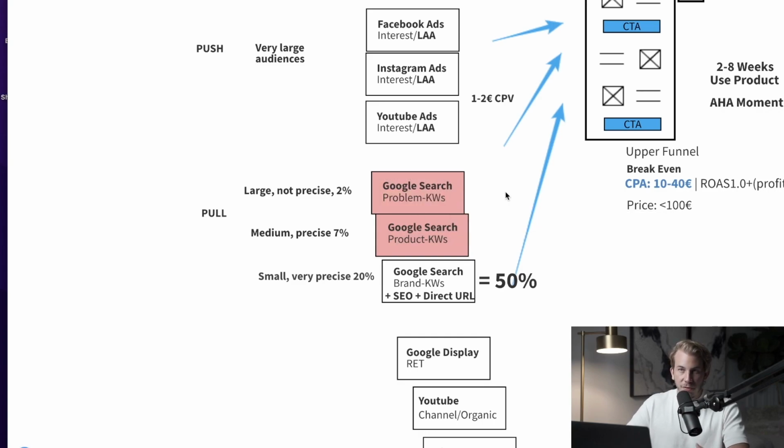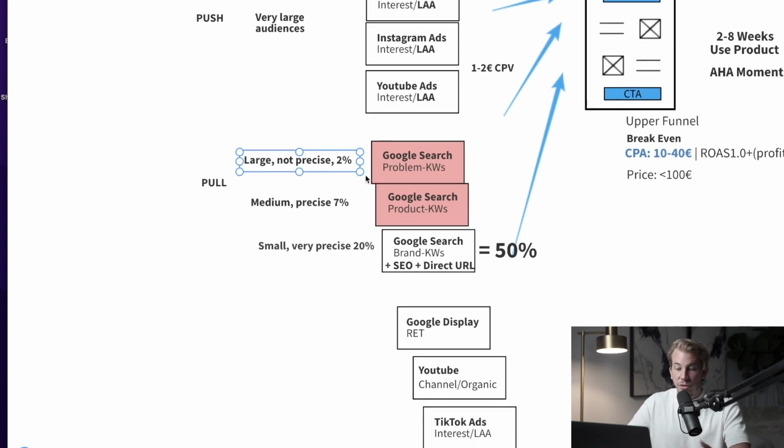Like they want to solve their weight loss problem, or they want to gain muscle, or they want to get better sleep or better health, or anything that really is a problem for them. And these are really large audiences with sometimes hundreds of thousands and millions of monthly search volume, but you can only convert a very few percent of them. But because the audiences are so large, this is still a very, very big chunk of revenue and new customers.